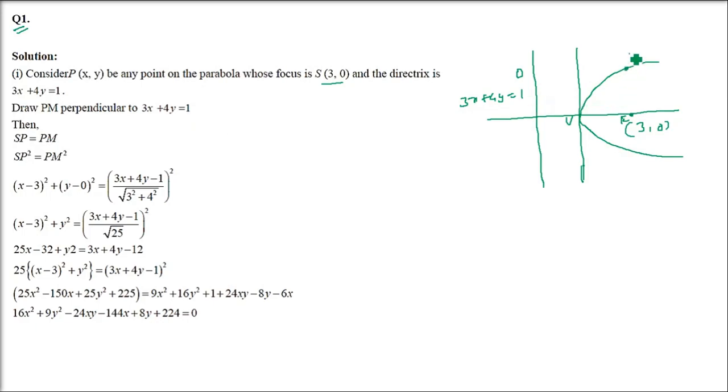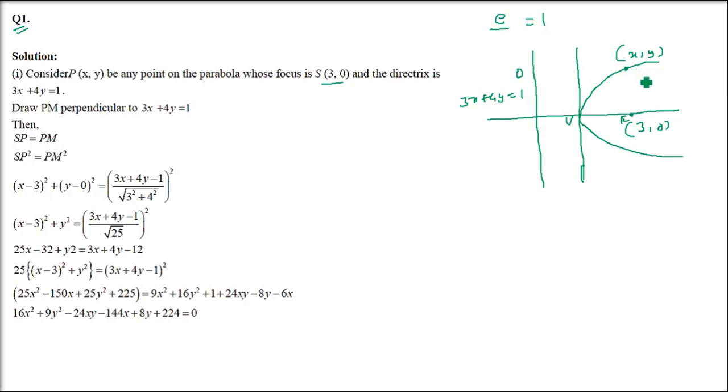So, for any point you take on this conic section parabola, the definition is that the distance of this point from a fixed point, which is the focus, and the distance from a fixed line, which is the directrix, is in a constant ratio, that is called eccentricity. In parabola, the eccentricity is 1.